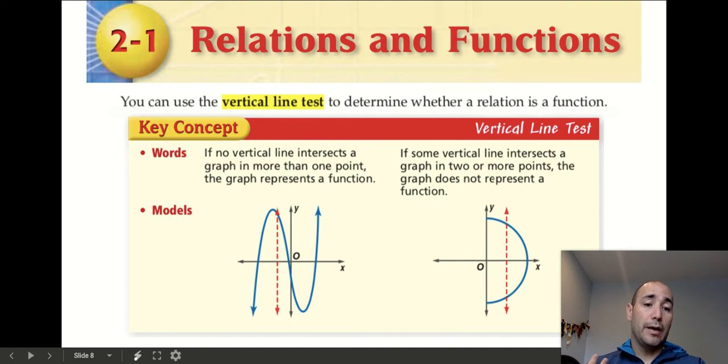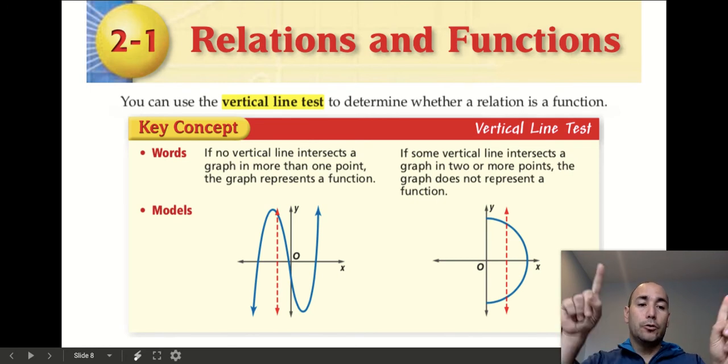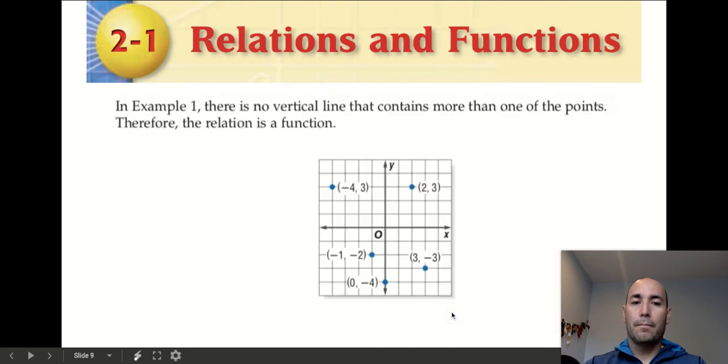Because that would show that your x value maps to two different y coordinates. If any x coordinate maps to two different y coordinates, it's no longer going to be a function. Visually, this will make sense because look, here is where it would fail the vertical line test. It would touch at this x coordinate, and it would have two different y values.